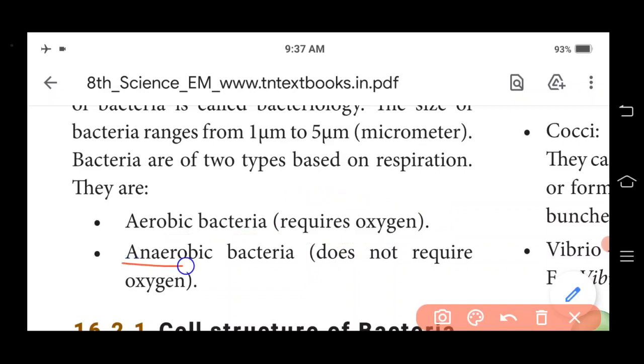And then anaerobic bacteria, meaning the bacteria which do not require oxygen. So based on respiration, bacteria are classified into how many types? Two types. They are aerobic bacteria, which require oxygen, and anaerobic bacteria, which do not require oxygen.